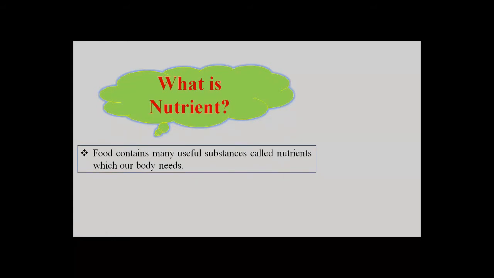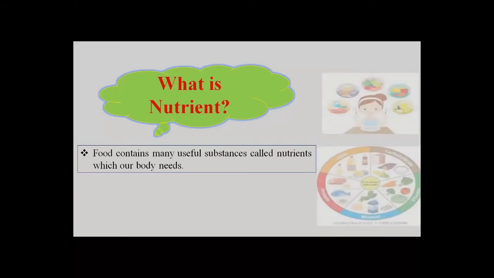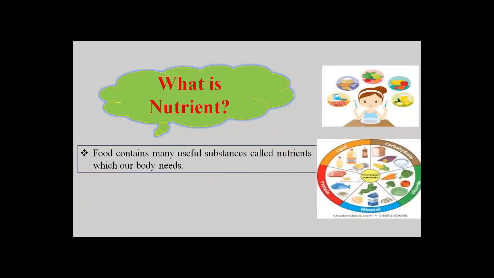The useful substances include the different components of the food like protein, carbohydrates, fats, vitamins, minerals, fibers, and water. These are all the nutrients.